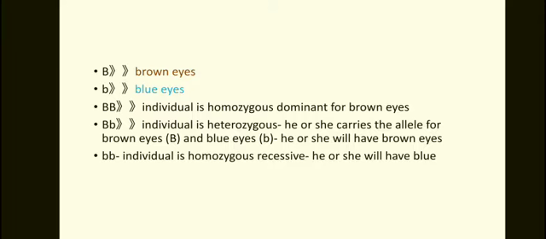So the only way the recessive allele can be seen on the phenotype, can be part of the outward appearance of that individual, is by the absence of the dominant allele.